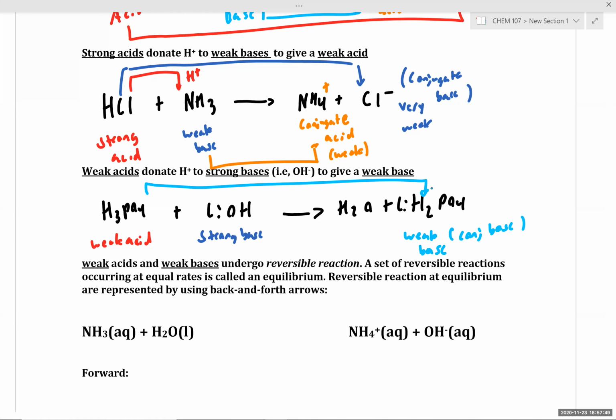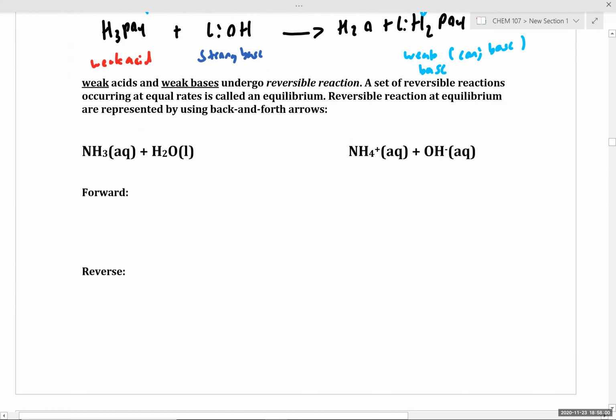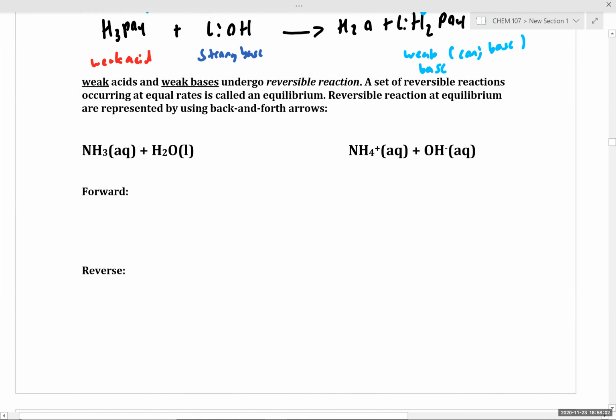So these are common patterns of reactivity that you see in acid-base reactions. Now, where things get a little bit interesting is when you have a weak acid and weak base reacting, they undergo a reversible reaction. And we call this process where we have these competing forward and reverse reactions an equilibrium.